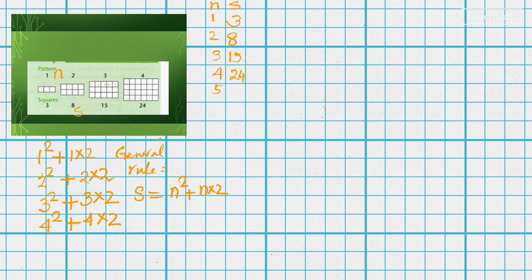Now, if we go for first difference, just like the linear pattern, the difference is 8 minus 3 is 5, 7, and 9. So I can guess now that it is not linear.